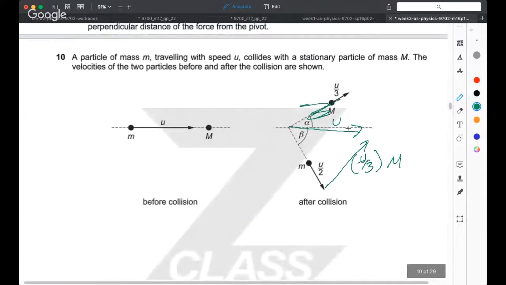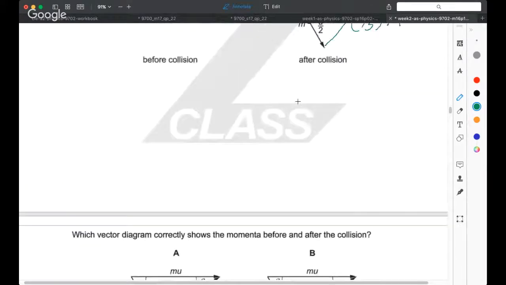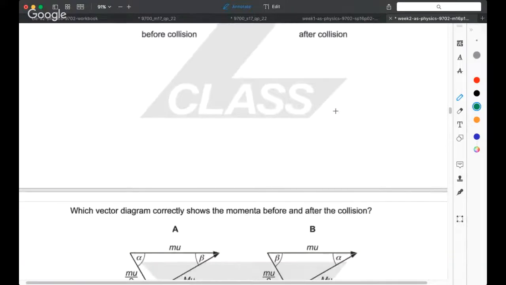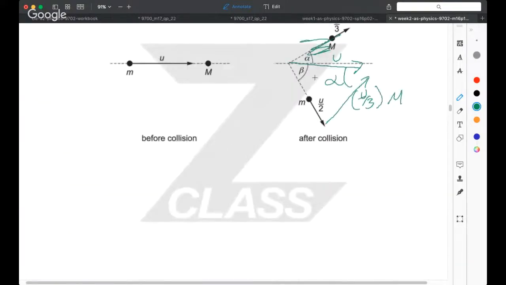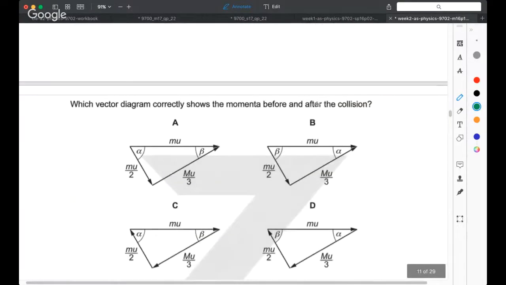It could be alpha. So you have the same triangle: beta, alpha, and the components.